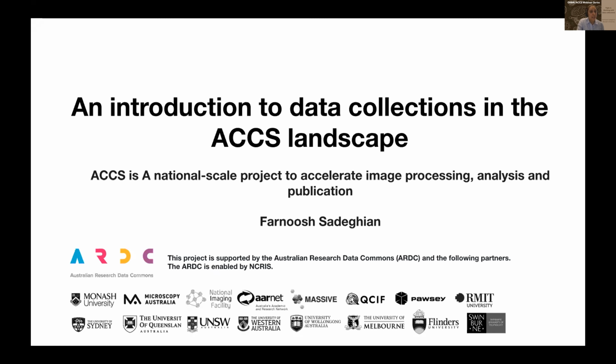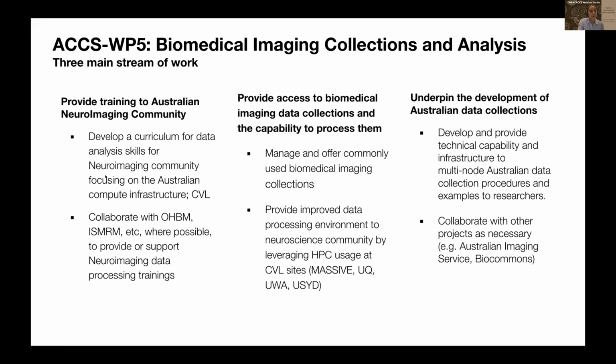It's a national scale project to accelerate image processing analysis and publication. It's funded by ARDC and the following partners, as you can see in this slide. It has three specialized work packages, and one of the work packages is work package 5, which is about biomedical imaging collections and analysis.